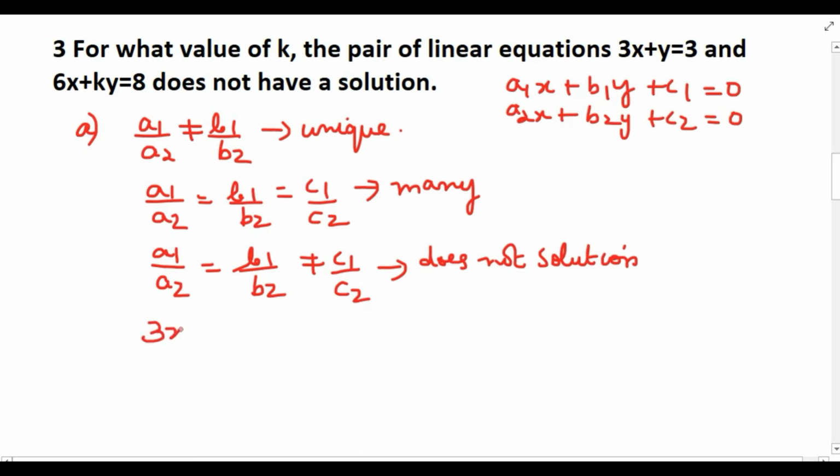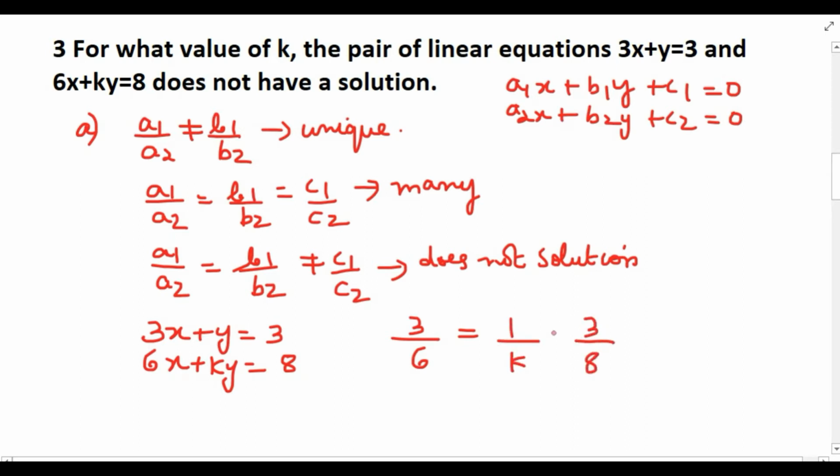Now the question is, for what value of k the pair of linear equations 3x plus y equal to 3 and 6x plus ky equal to 8 does not have a solution. So my a1 and a2 are 3 and 6, b1 and b2 are 1 and k, and c1 and c2 are 3 and 8. Since it does not have a solution, you have to put not equal to. Now we have to find the value of k.